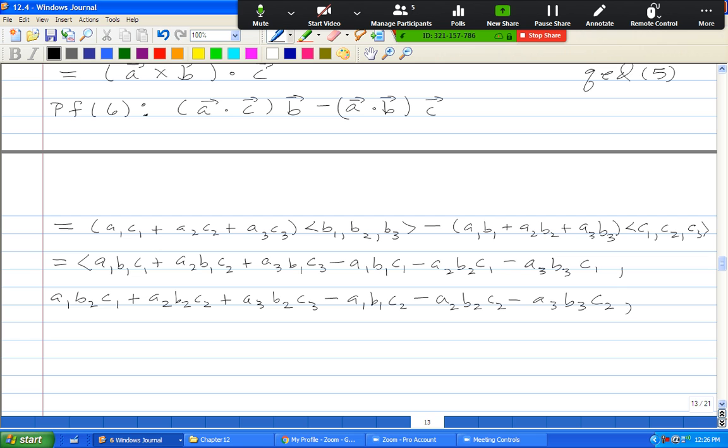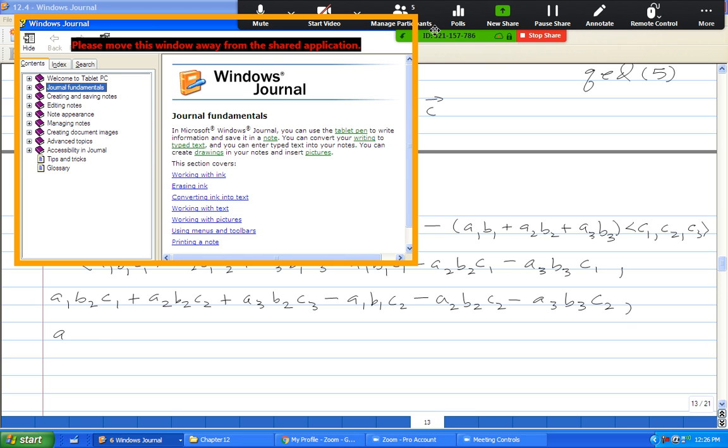And the third component. So now let's do the third component. So multiply everything by B3.